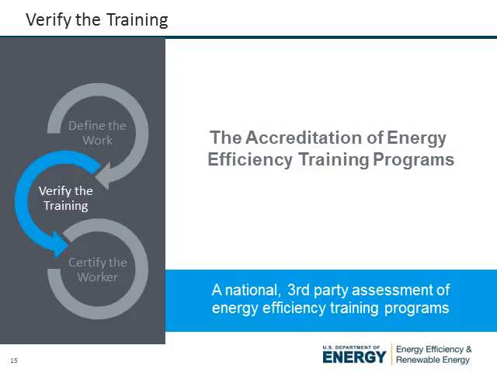So for each of those job task analyses that we talked about, the auditors and the crew leader and the inspector and the installer, each one of those has its own separate accreditation. So a training program would be accredited to train auditors or accredited to train installers.